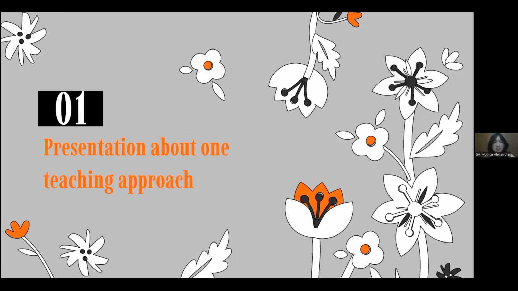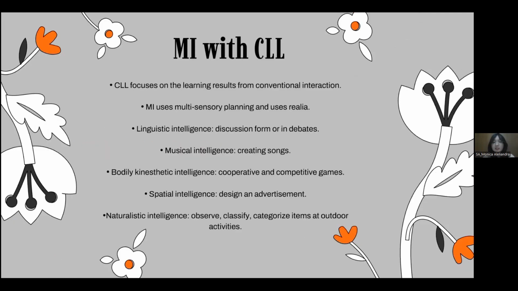Next is the presentation about one teaching approach. Cooperative language learning focuses more on learning that results from conversational interaction, for example, through confirmation, comprehension checks, and clarification requests among students.